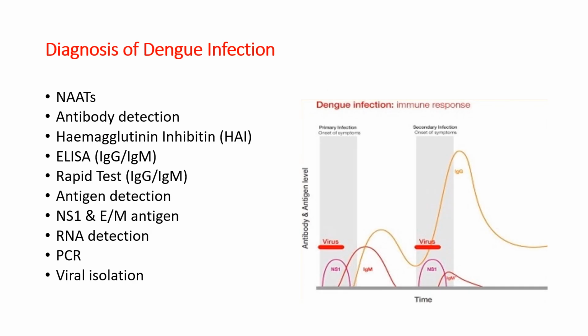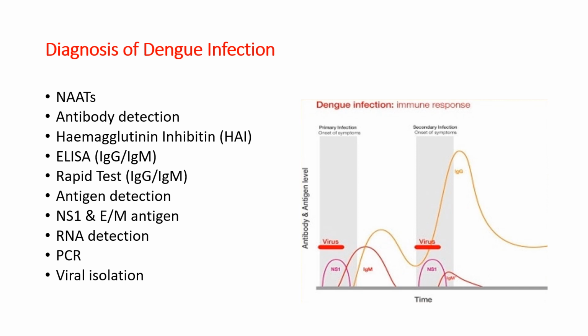Well, coming to the most important part, the diagnosis of dengue infection, the nucleic acid amplification tests form one of the most reliable ones for dengue infection detection, followed by the antibody detection. Then there is the hemagglutinin inhibition test. Then there is ELISA for detecting immunoglobulin G or M. Same is for the rapid tests, but the ELISA is more specific.